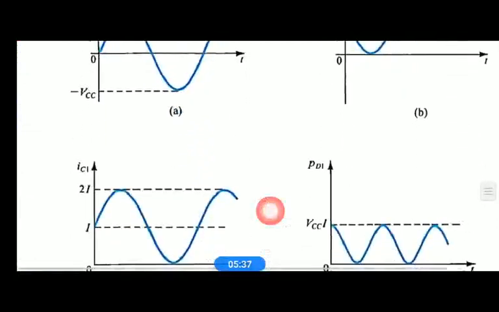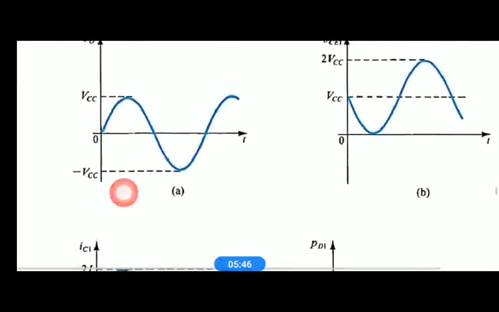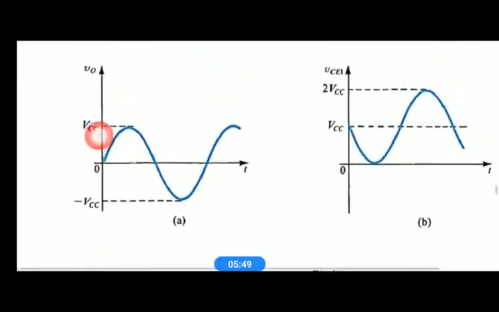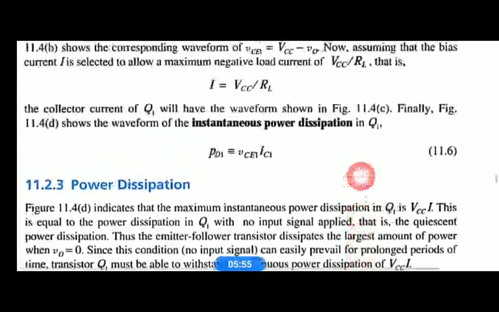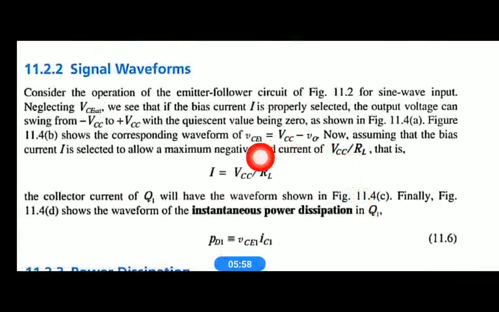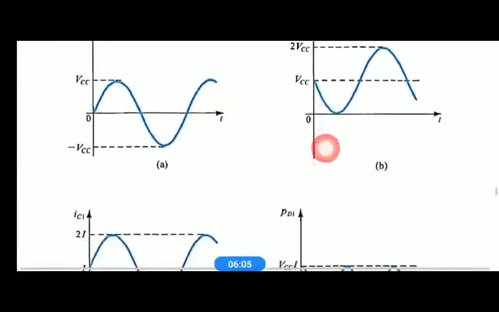As the current IC1 increases from I upwards, the output voltage increases because VCE decreases. As I told you in the equation, when VCE decreases, the output voltage will increase. So the decrease in VCE1 causes the output to increase.